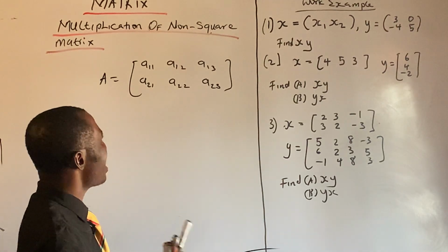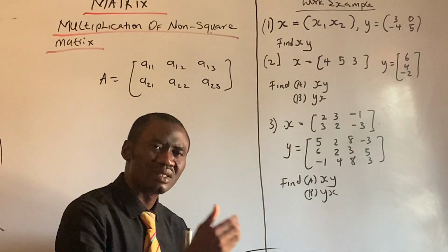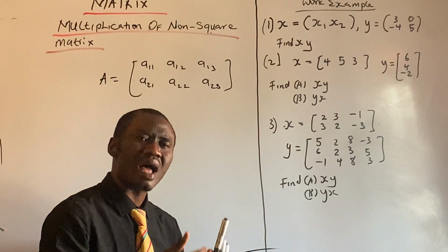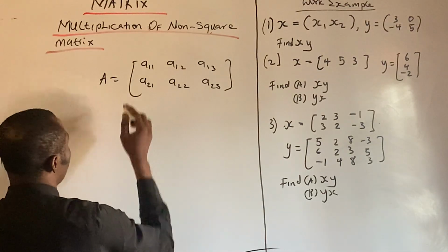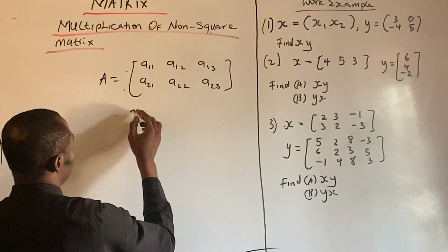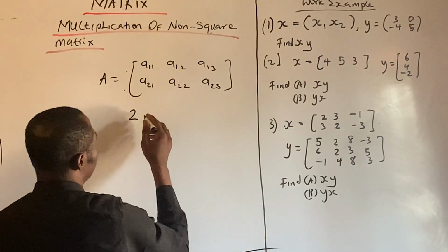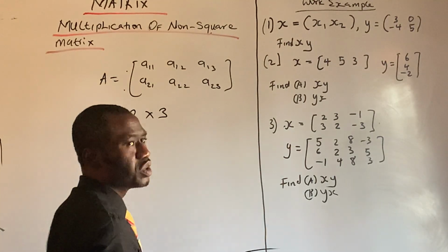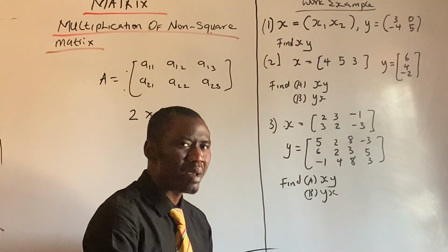When the column and the row are not the same size, it is known as a non-square matrix. For instance, this matrix has 2 rows and 3 columns. This is a 2 by 3 matrix, as opposed to the square matrix.